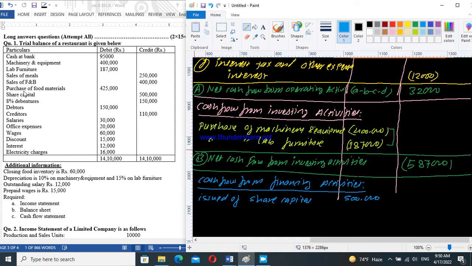And next one, we have 8% debenture issued. The amount is 1,50,000. Okay, that's all.